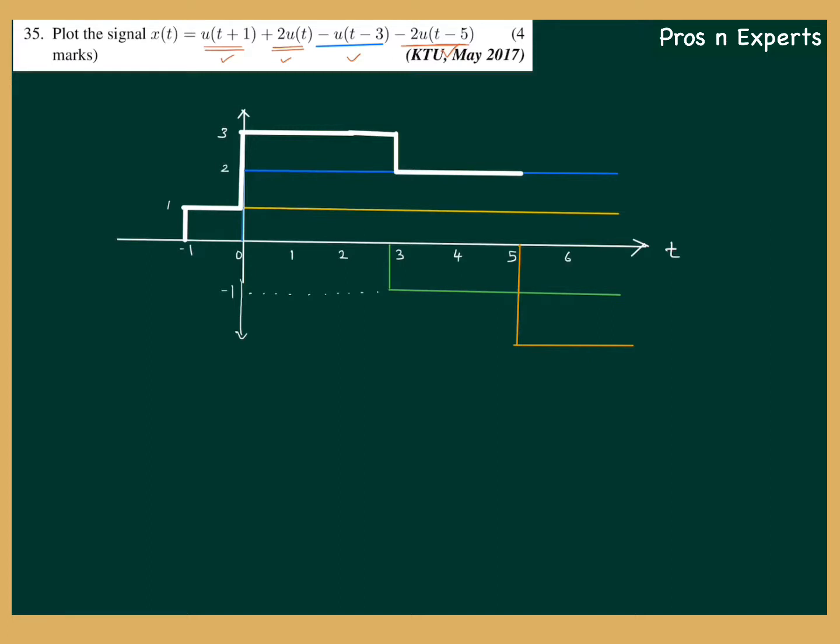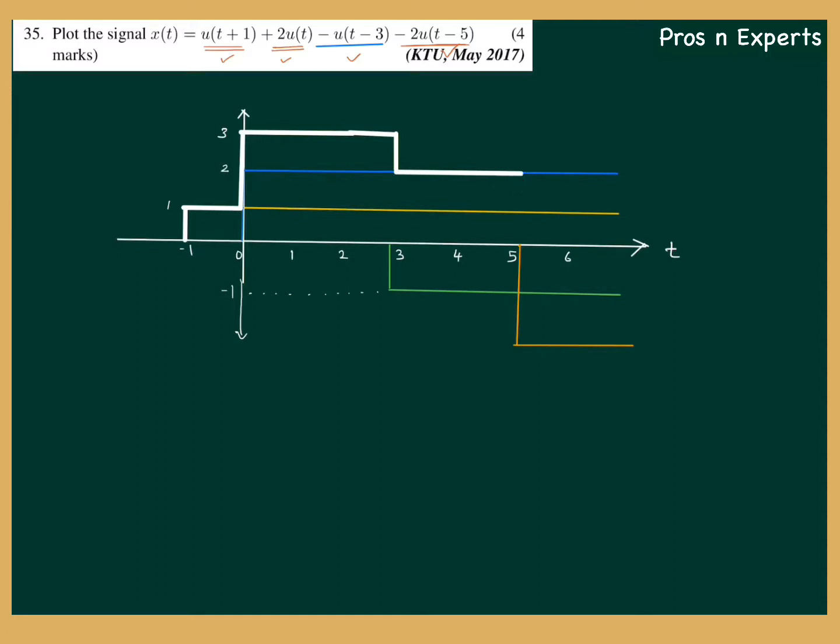And what happens at t equal to 5? Actually, before discussing that, what is the amplitude of the resultant signal? Now it is 2, right? It was 3 at this point of time. Then at t equal to 3, 1 step signal was subtracted, so the amplitude becomes 2. It continues as 2 up to t equal to 5.